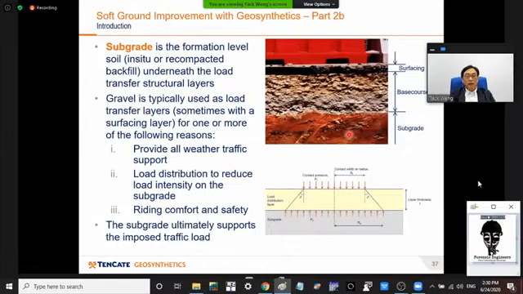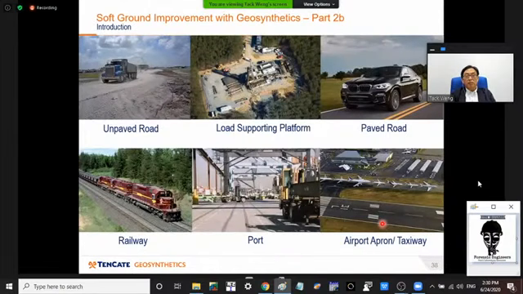And this is a diagram that shows the load distribution down to the subgrade level. And it is the subgrade that ultimately supports the imposed traffic load. But as you can see, this is being distributed to a wider area, so the intensity is smaller. And there are various examples of such load support systems.